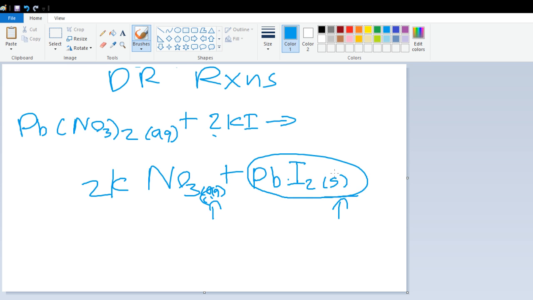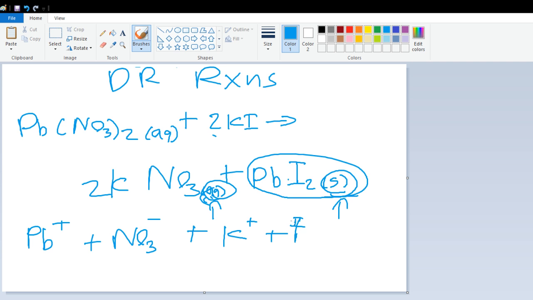We have a precipitate. And what does aqueous mean for the potassium nitrate? What it really means is that we put in two solutions of really just lead, nitrate, potassium, and iodide ions. They were just all floating within.